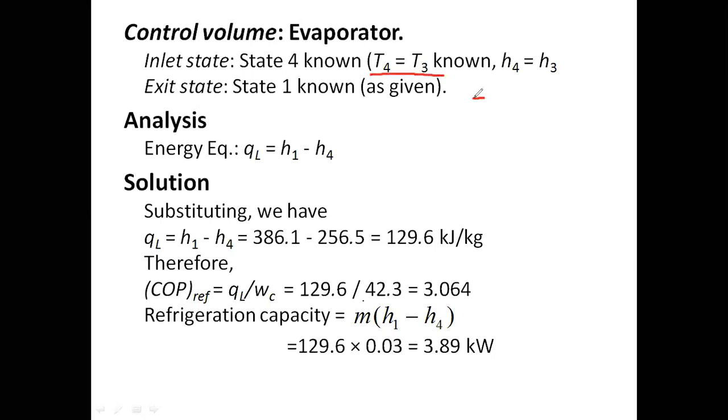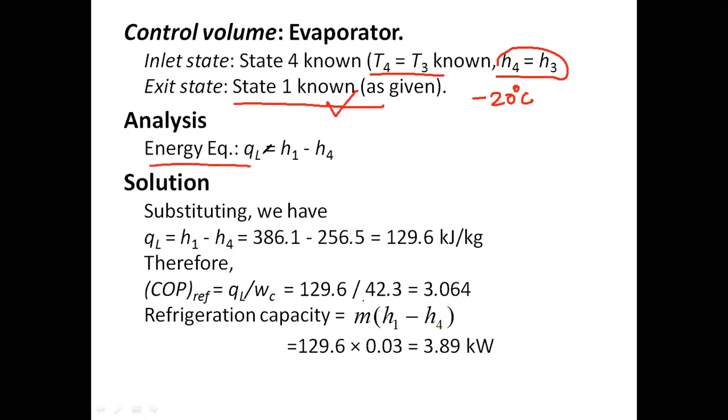What is the temperature? Minus 20 degrees centigrade, the evaporator temperature, and the enthalpy value is also known. The exit state, state 1, is known. It is saturated vapor at minus 20 degrees centigrade. Now we can analyze by the energy equation, that heat absorbed is H1 minus H4.